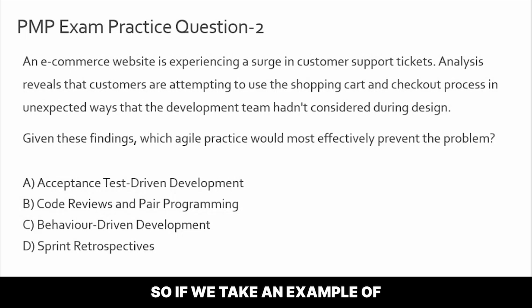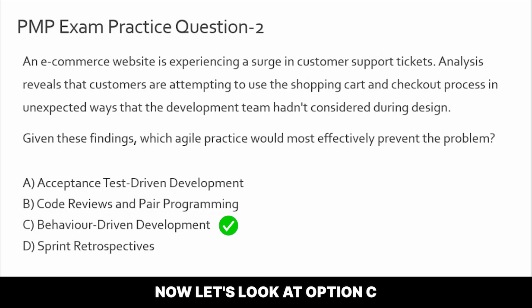Okay, so if we take an example of two different developers reviewing code independently, they are still working from the same internal assumption about how users will interact with the system. Okay, because the problem statement here is the way in which the user is interacting with the system, and that is why option B is also incorrect.